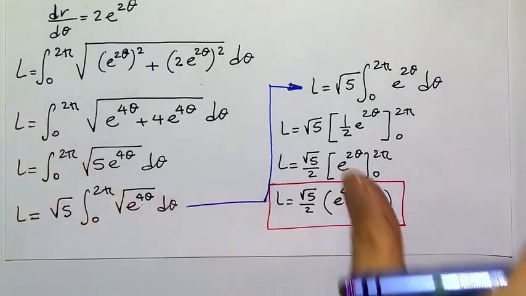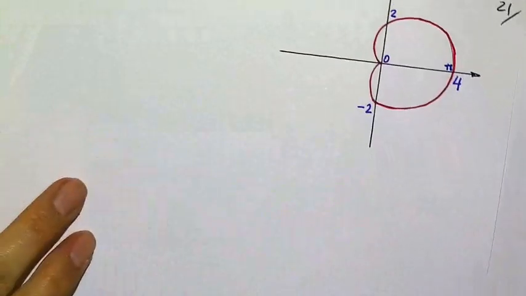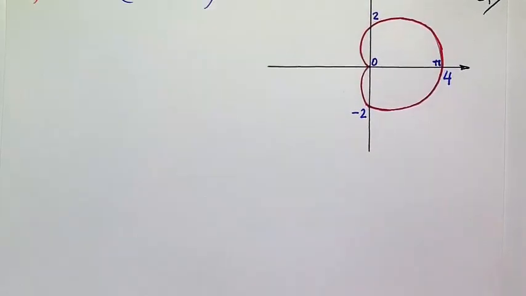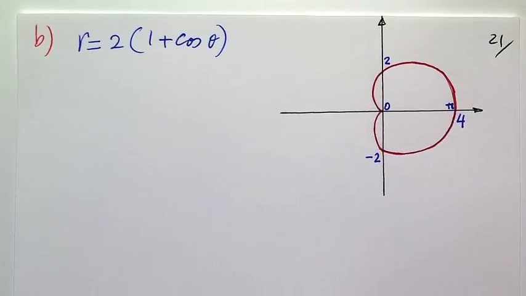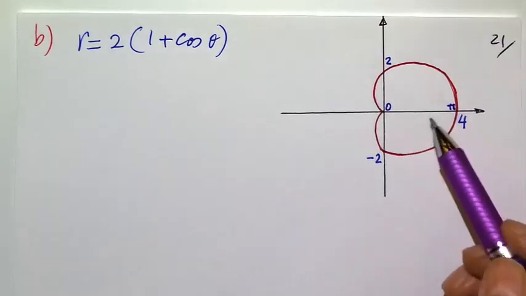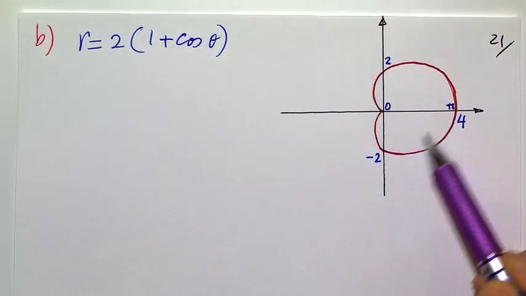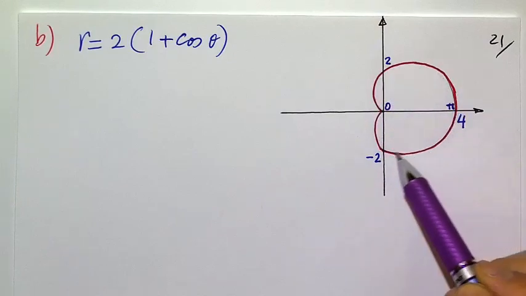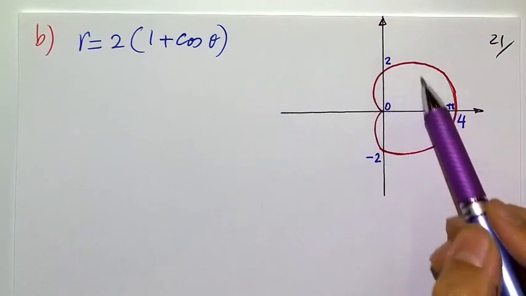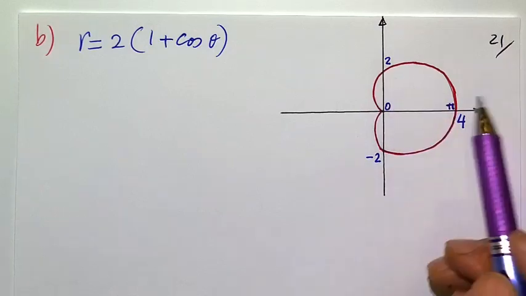Okay, let's do another example. This one was useful for when we have the graph for this one. So I drew it. Remember here we don't care about the area, we just want to calculate the length of the arc, not the area enclosed within this cardioid, which was what we did.